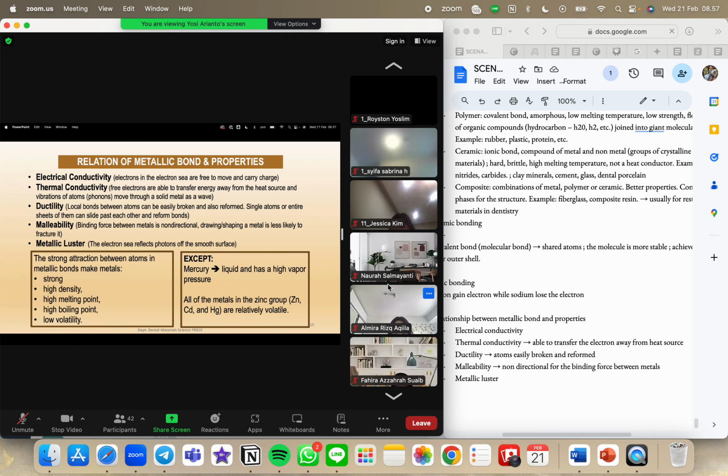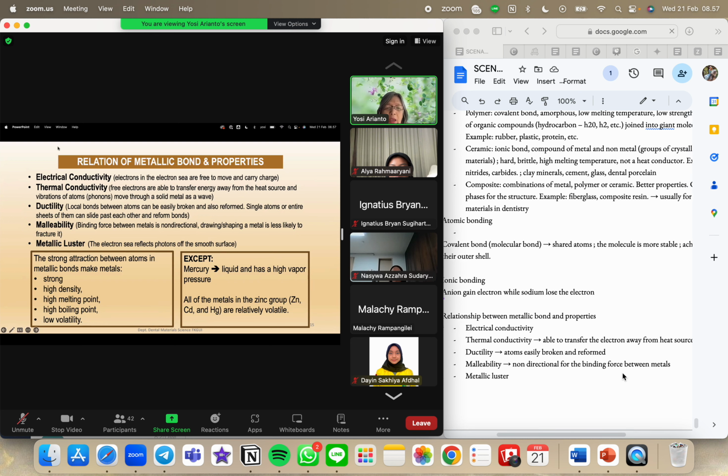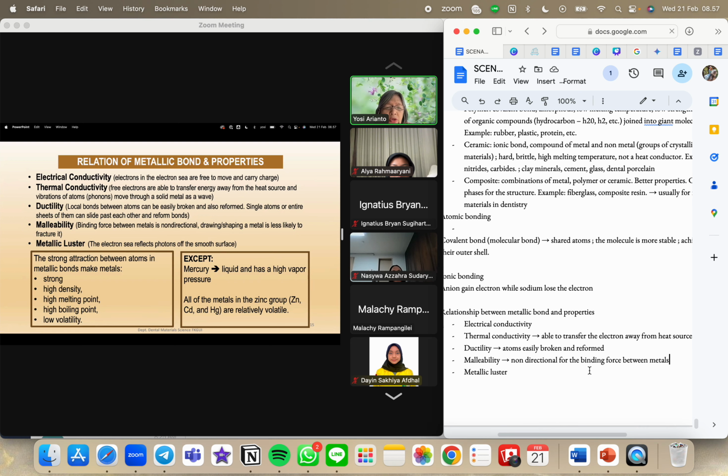Metal can be formed into a wire. And also the properties of metal luster. You know that from metals we can usually have luster, because the electron sea reflects photons off the smooth surface.